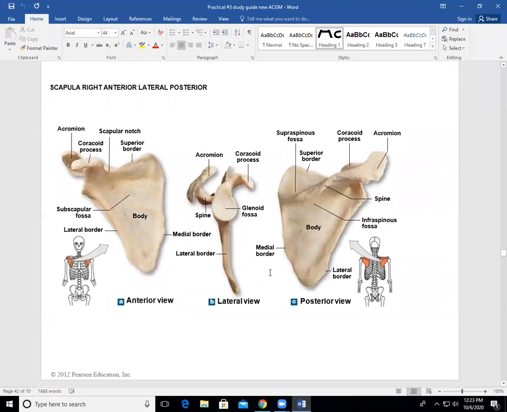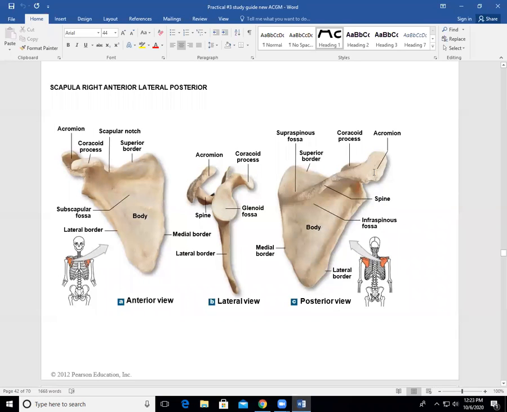All right, so for the scapula, we've got a few different structures you need to know. The big portion of the scapula is the body, kind of a big open space.